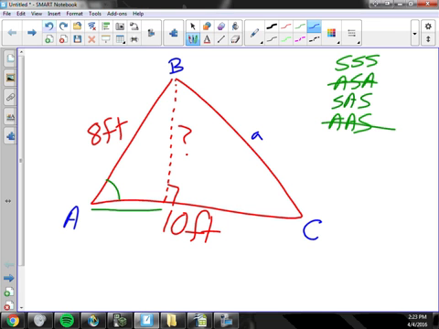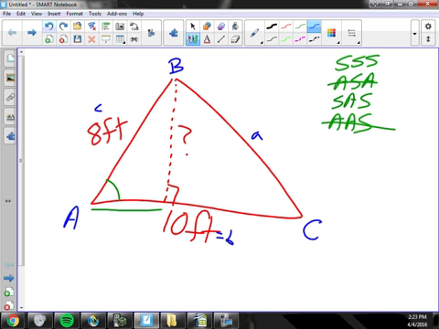This would be little c, little a, little c, and little b. Side angle side always uses 2 sides, like A and B, and then the angle that's not already listed. So right now I know I'm looking at angle A, which is between side C and side B. Angle C is between A and B.